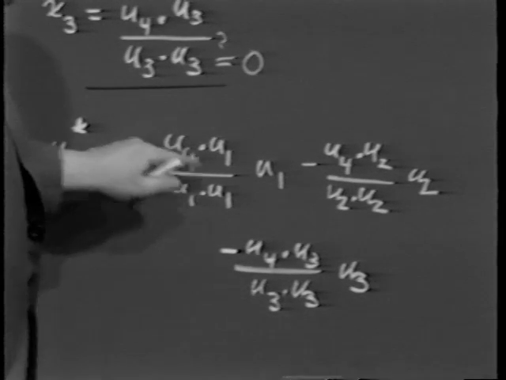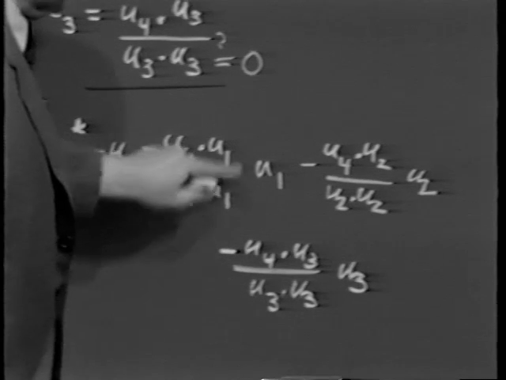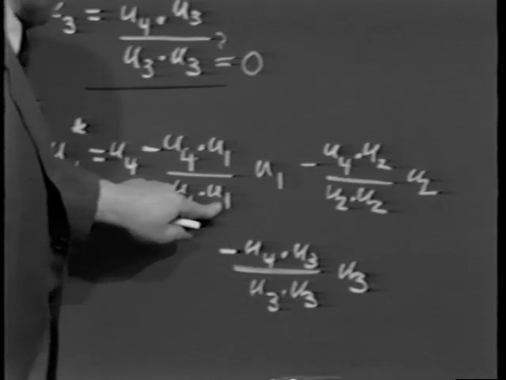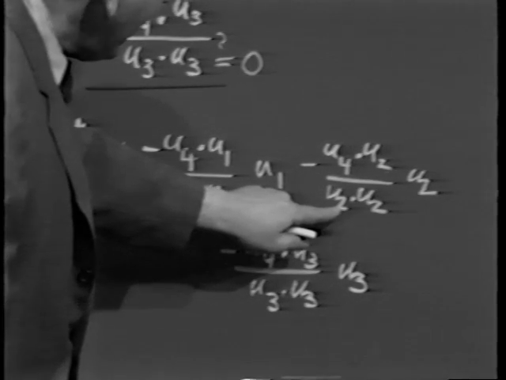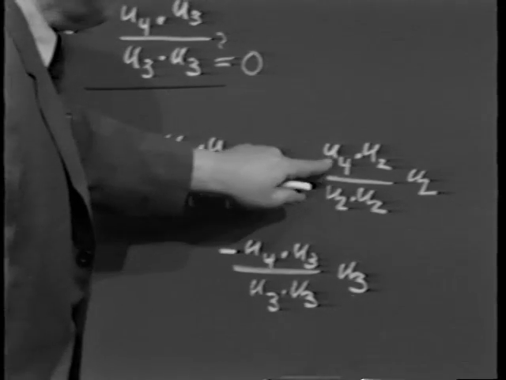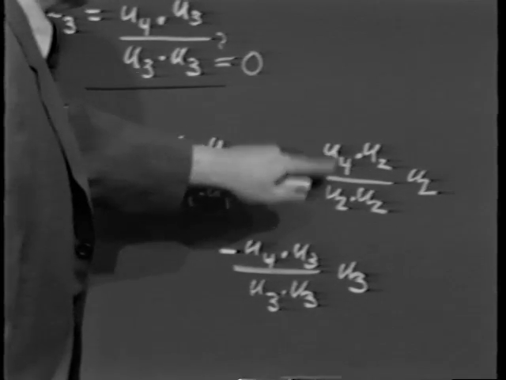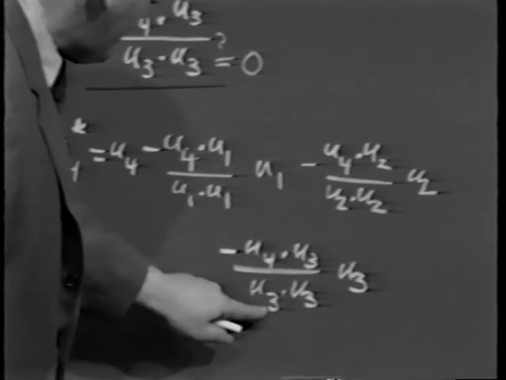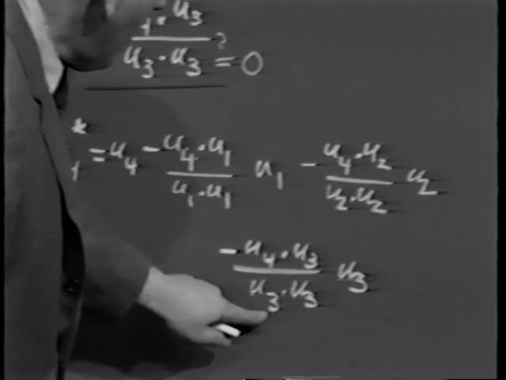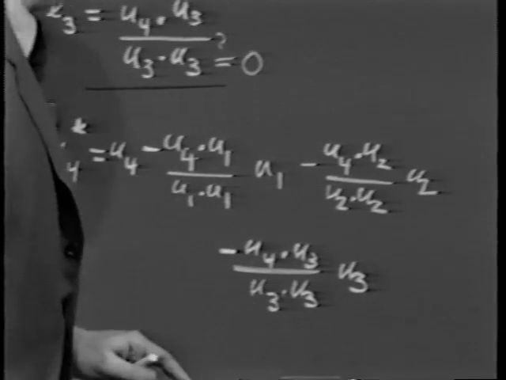The coefficient of u1 is u4·u1 over u1·u1. The coefficient of u2 has as its denominator u2·u2, and the numerator is u4 dotted with u2. In a sense, it's like the projection of u4 onto u2. And the coefficient of u3 has as its denominator u3·u3, and its numerator is u4·u3.